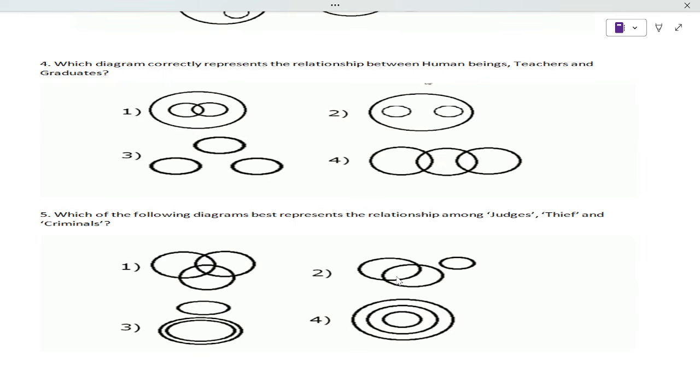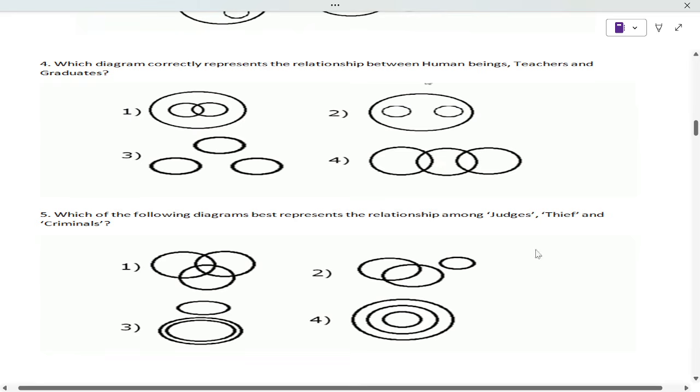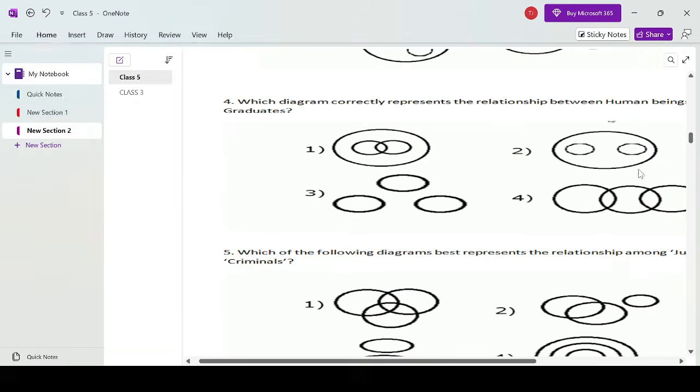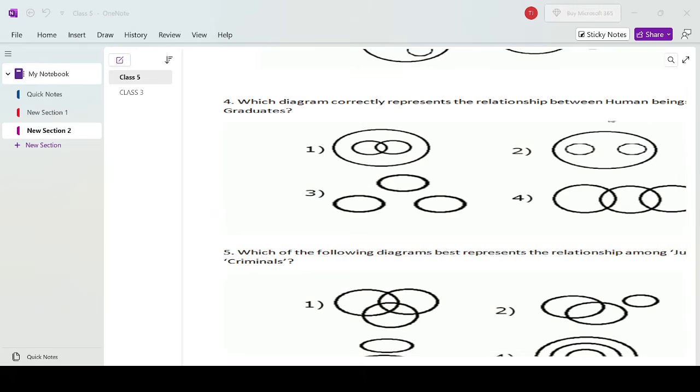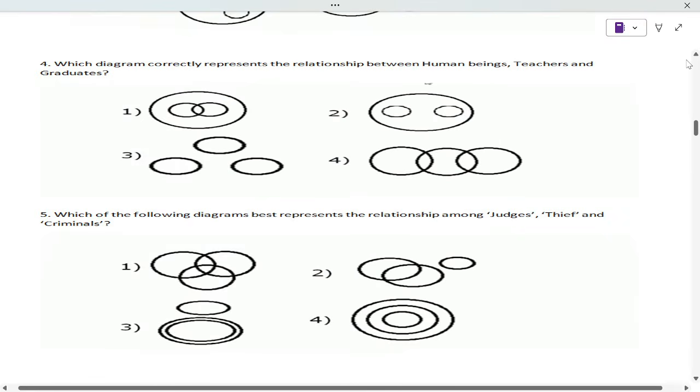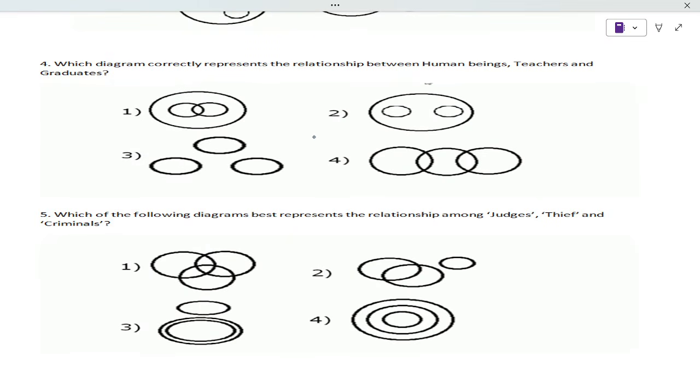Which diagram correctly represents the relationship between human being, teacher, and graduate? Teacher and graduate will be inside human being.